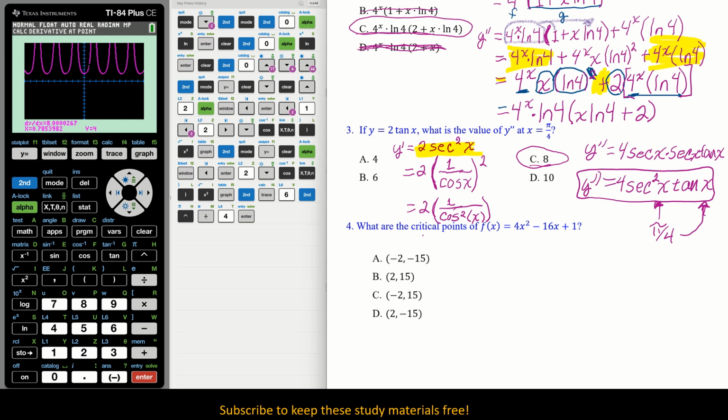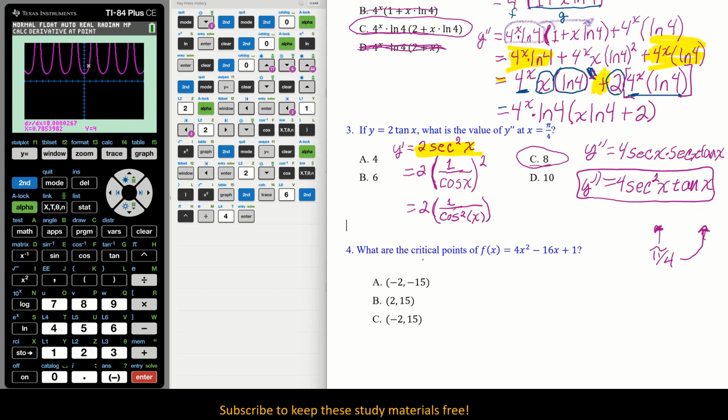What is the critical point? Let's go down and make some room just a bit, and I can erase this. What is the critical point of f of x? And here's our function. Basically, there's a couple ways to do this. You could get the first derivative and then set it equal to 0 and solve.